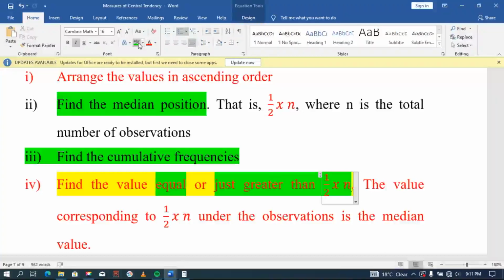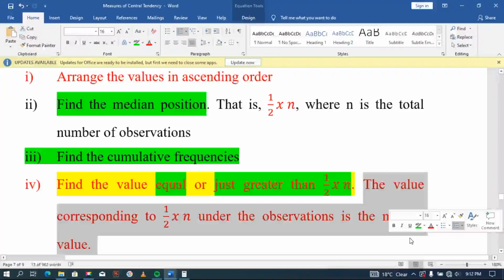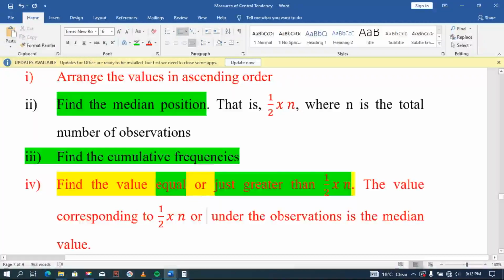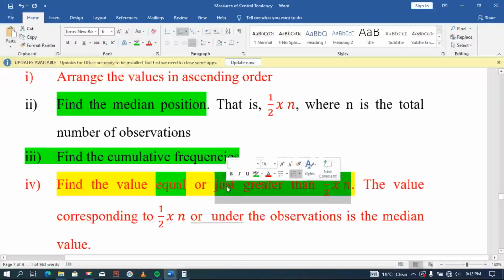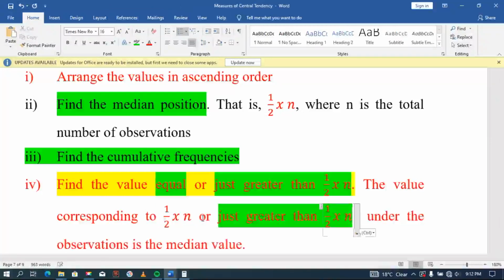Now the value corresponding to a half of n, or just greater than a half of n, under the observations is the median value.